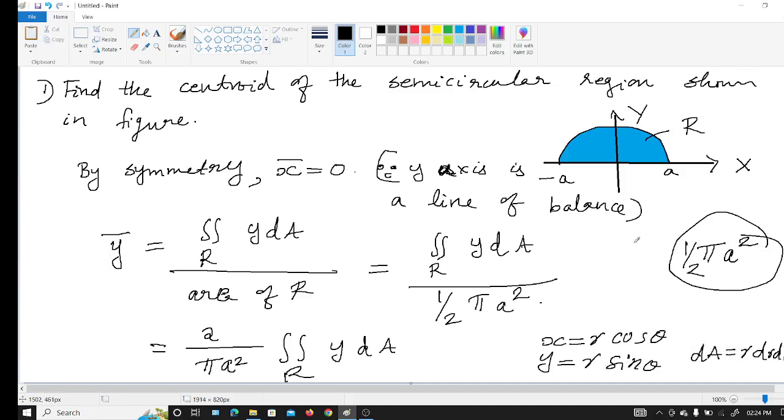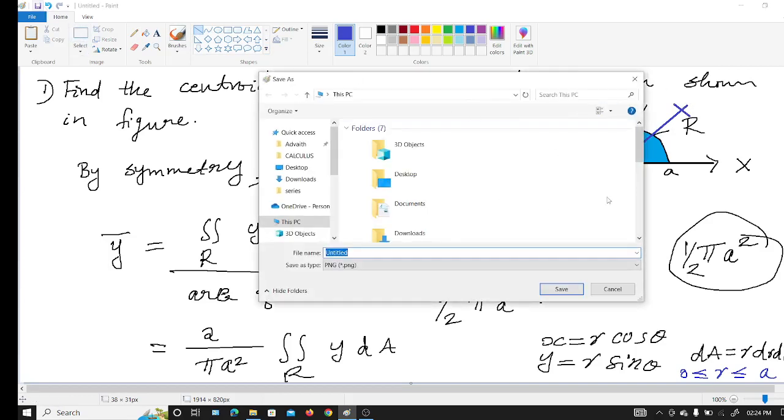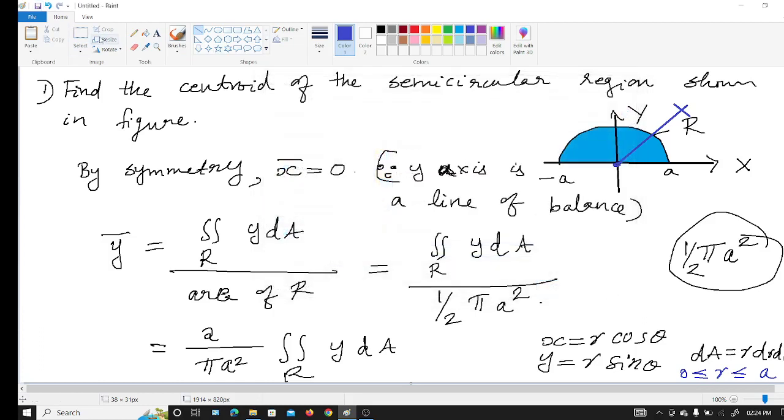And here you can see that the radius varies from 0 to a. The smallest radius is 0 and the maximum possibility of the radius is a. So r varies from 0 to a. For that you can draw a radial line like this.